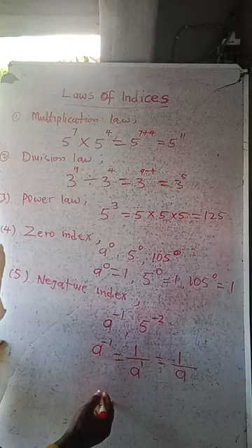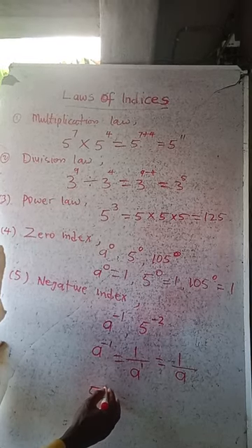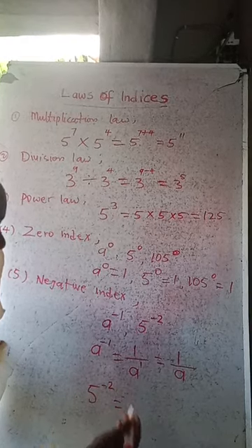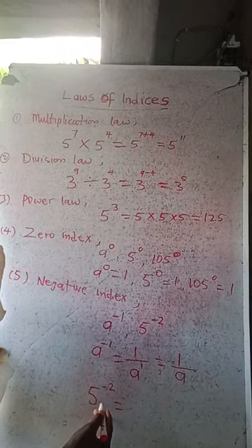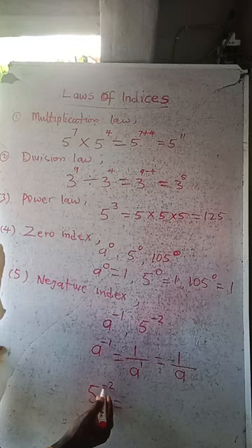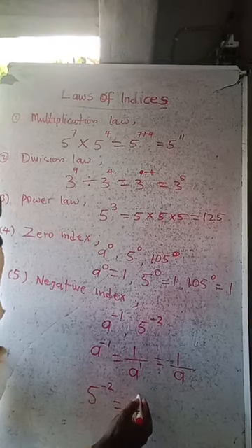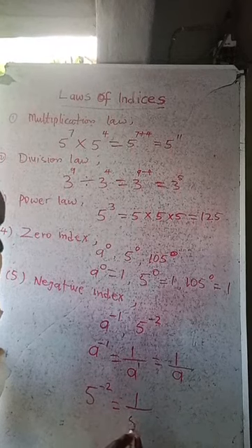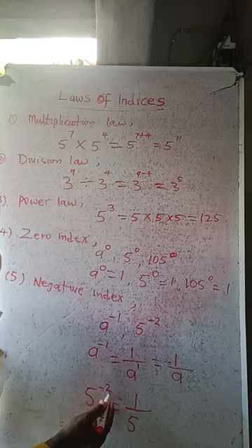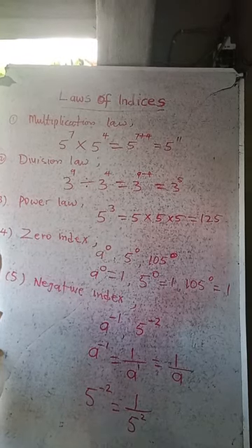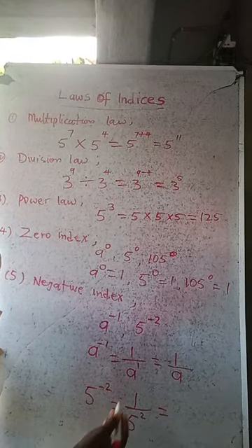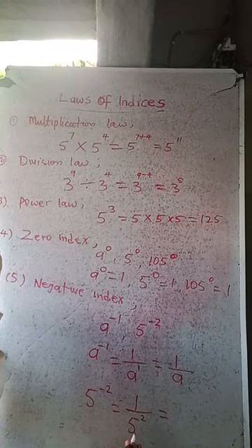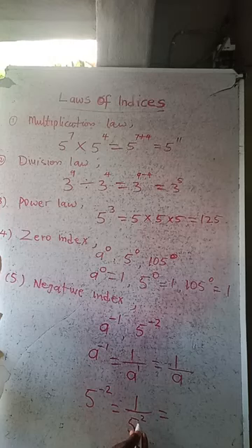The other one, 5 raised to the power minus 2. What is the meaning? Whenever you see something like this, because of this negative sign here, I'm going to write 1 all over the base, which is 5 raised to the power 2. And then here, we have a power that we need to resolve.